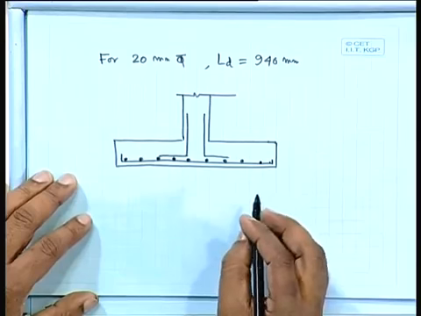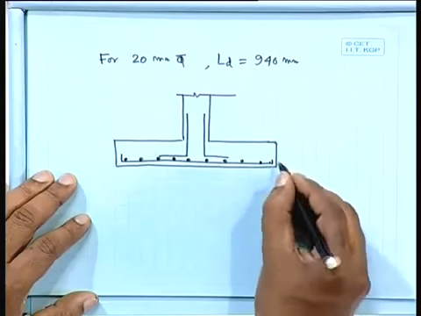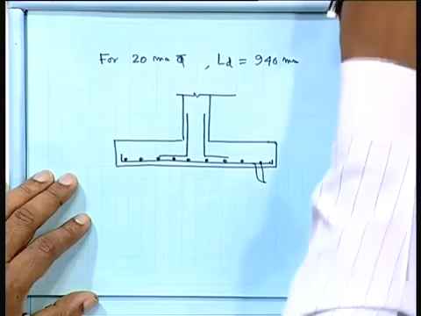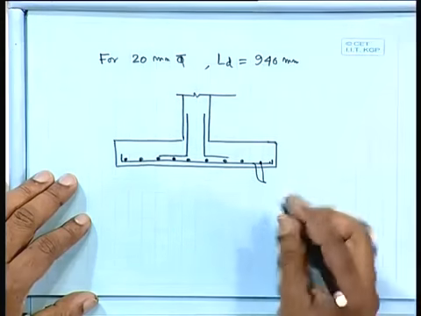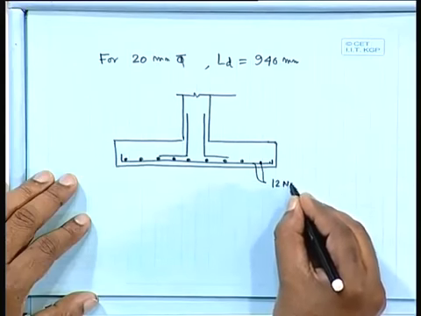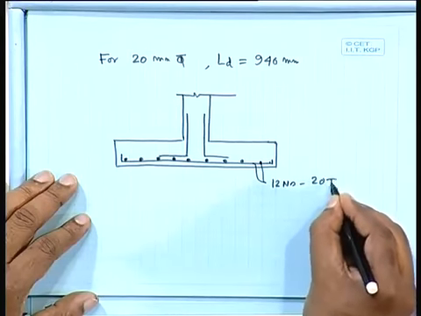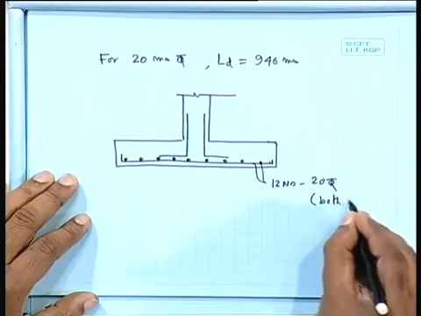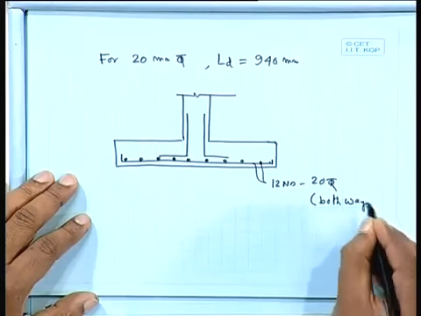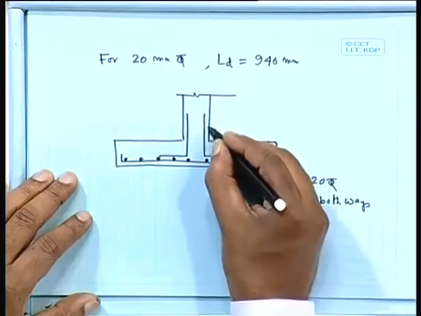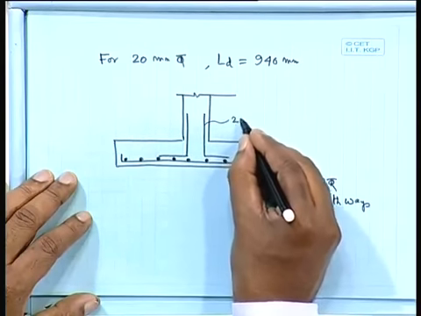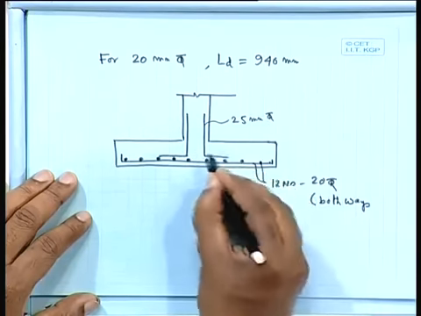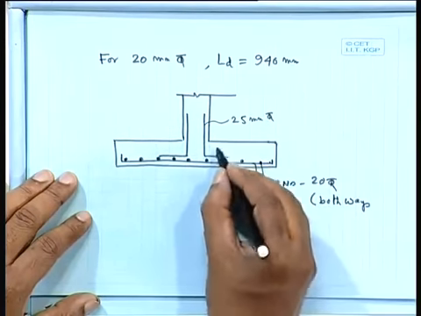We have used 12 numbers of 22 in both ways. For the column, we can provide 25 millimeter Tor here.